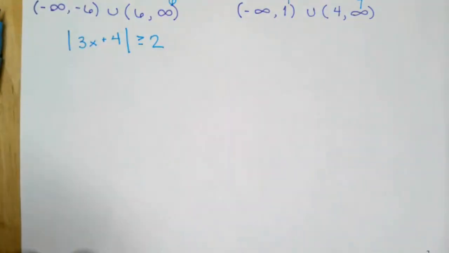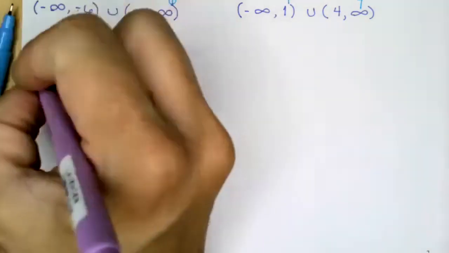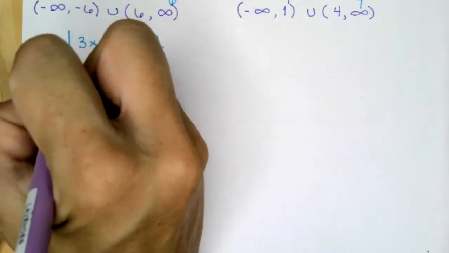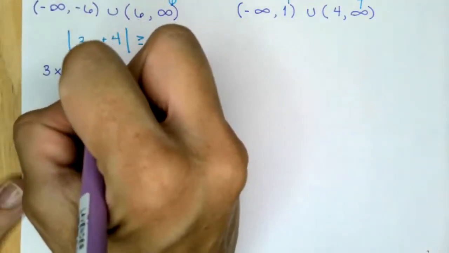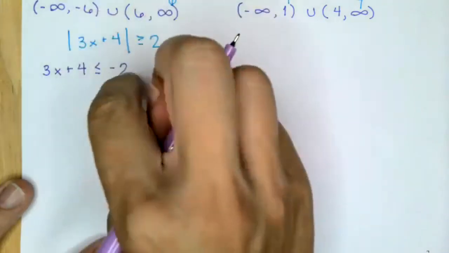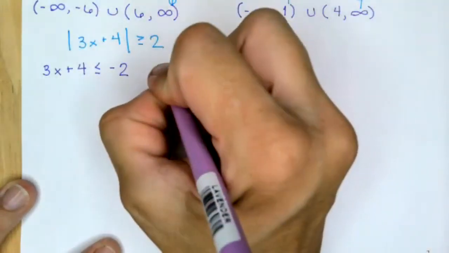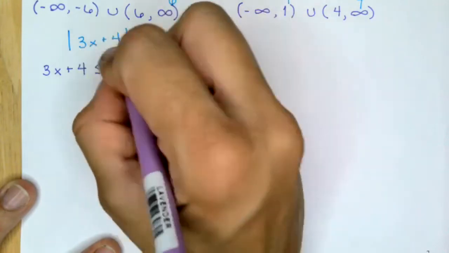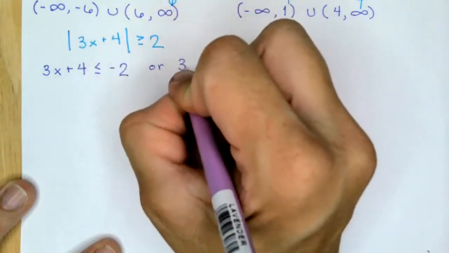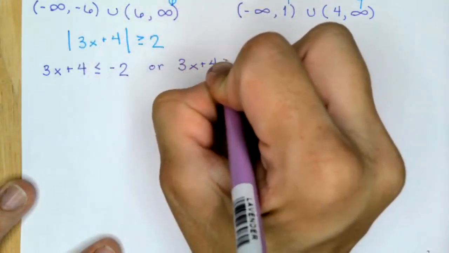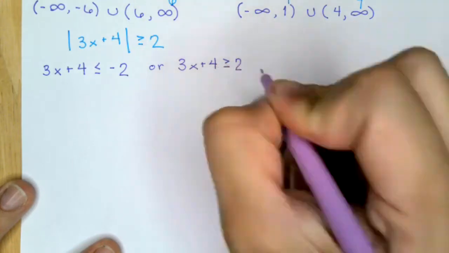I just need to write it twice. 3x plus 4 is less than or equal to the opposite of 2, or this very equation without the bars. 3x plus 4 greater than or equal to 2.